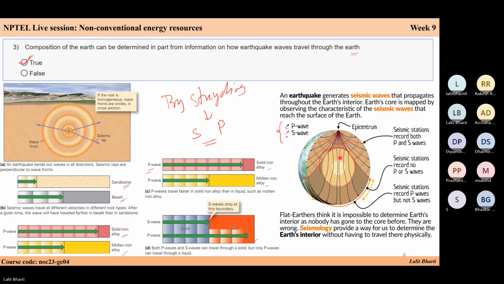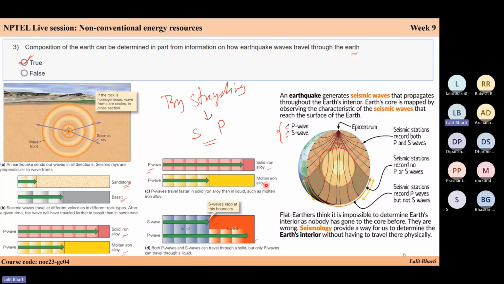These are first the P waves, and the second are the S waves. By analyzing different types of waves, you know the composition of Earth. This is a very basic overview of how we know the structure of Earth.